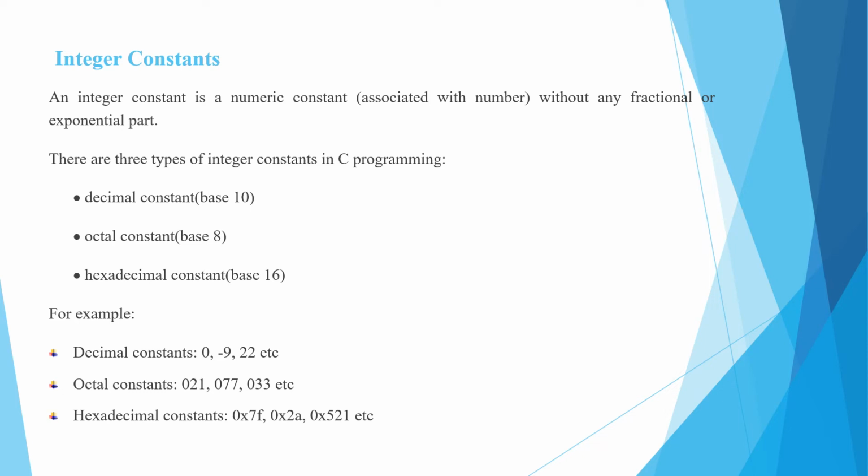For the second one, octal constants, examples are 021, 077, 033, etc. All octal constants are preceded by the value 0. Some examples of hexadecimal constants are 0x7f, 0x28, 0x521, etc. They are preceded by 0x, followed by the hexadecimal digits.